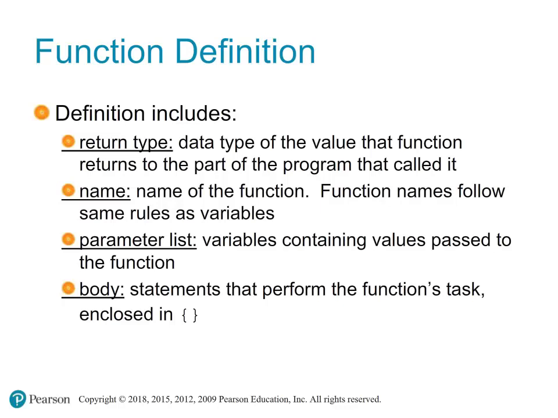Parameter list. These are the variables that will contain the values passed to the function when it is called. Parameters act like placeholders for the actual values. Body. This is where the magic happens. The body contains the statements that perform the function's task and is enclosed in curly braces.